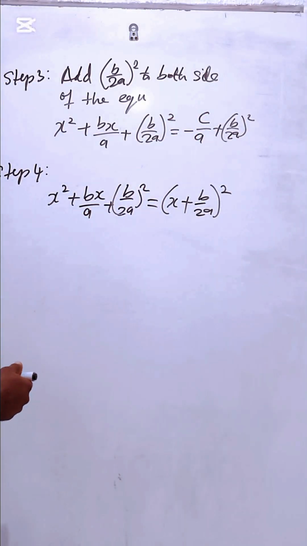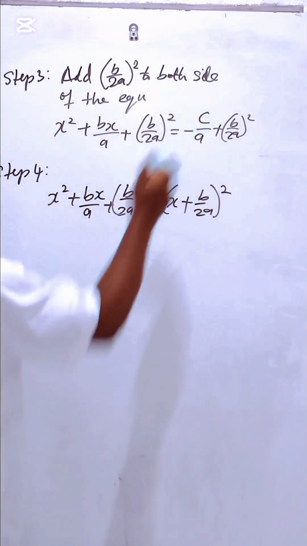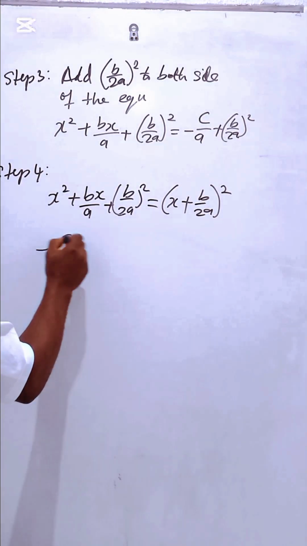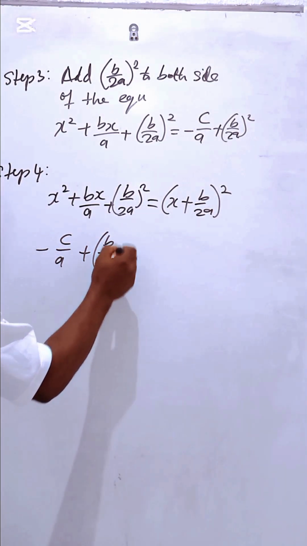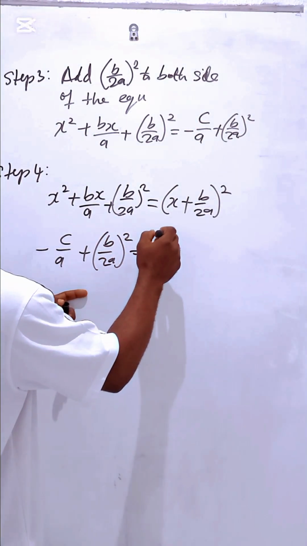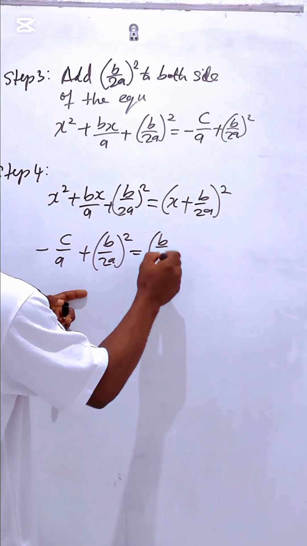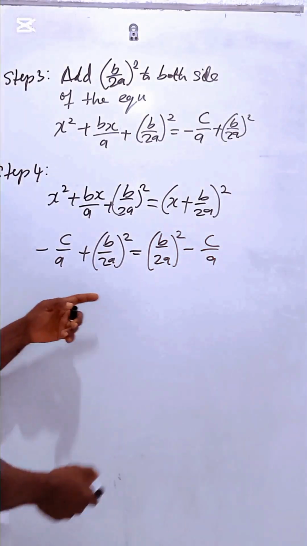The expression on the right side of the equation, I'm going to simplify it. So minus c over a plus b over 2a squared is the same thing as b over 2a squared minus c over a.